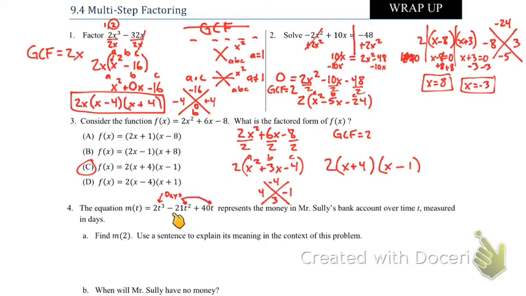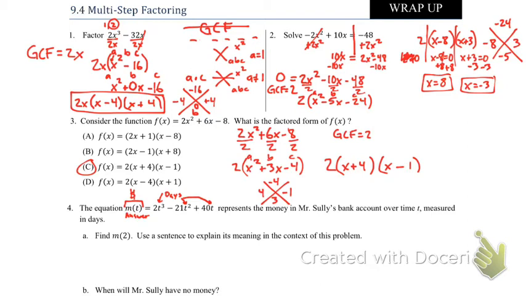Once we plug this in and solve it out, our answer, which is this, will be a number. Don't let it confuse you, it's just our answer. Our answer represents money. So whatever number we get, that's how much money is in Mr. Sully's bank account after a certain amount of days have passed.